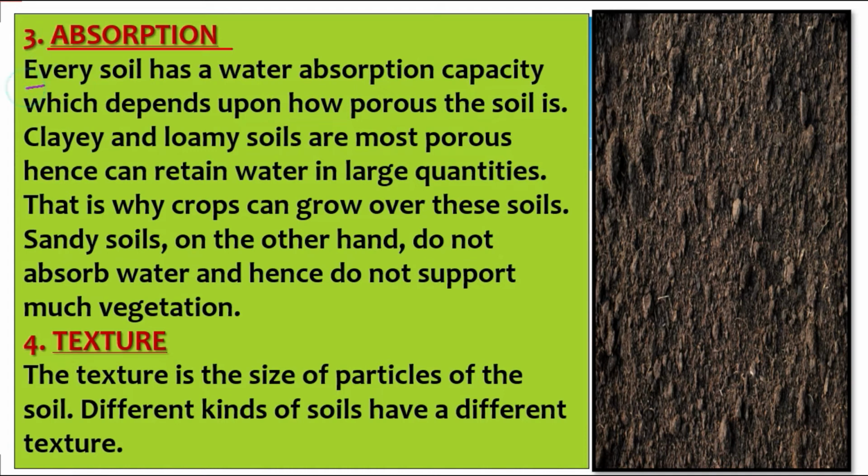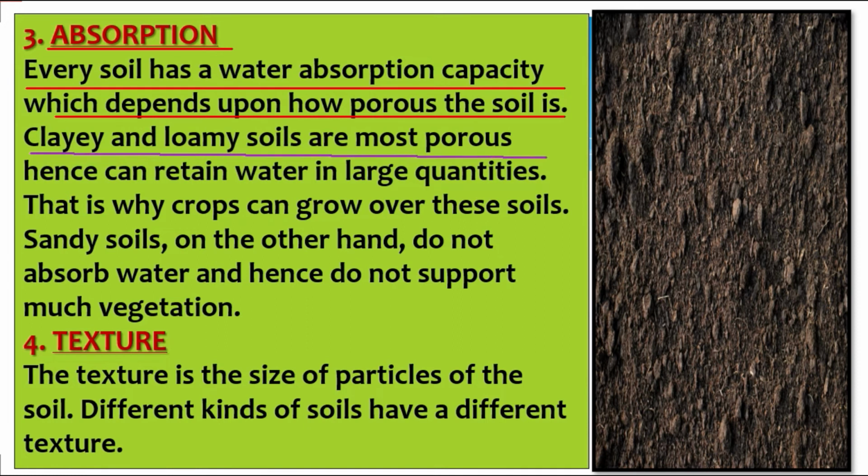Students, the different kinds of soil have a water absorption capacity, which depends upon how porous the soil is. As you all know, the clay and the loamy soils are most porous due to the fine particles of their soil, and hence these kinds of soil, clay and loamy, can hold water in large quantities.